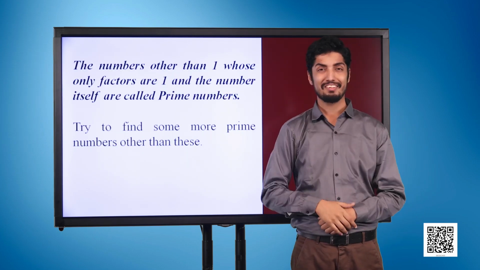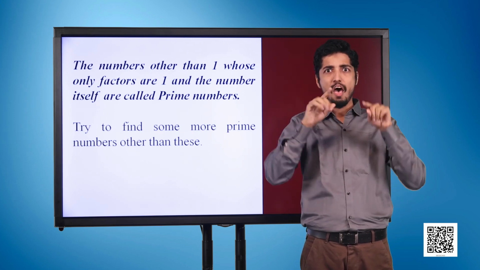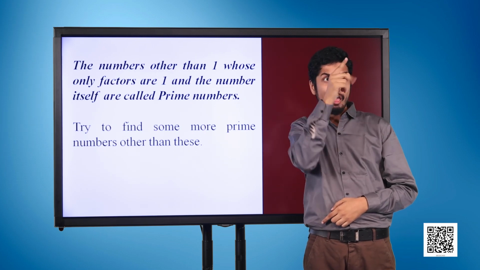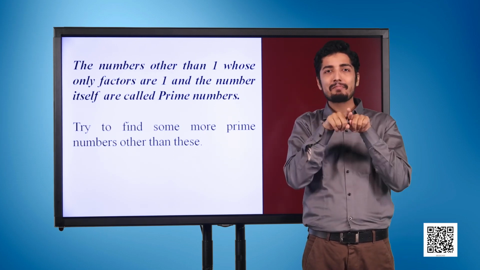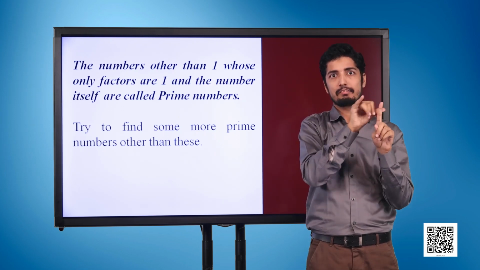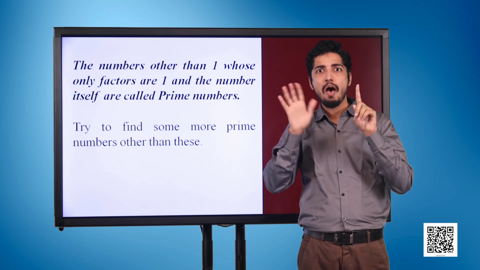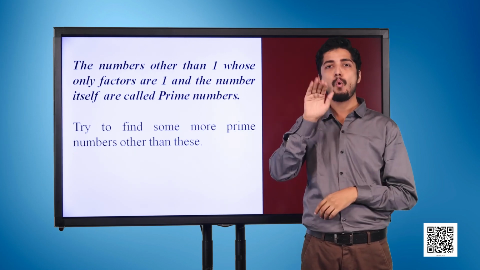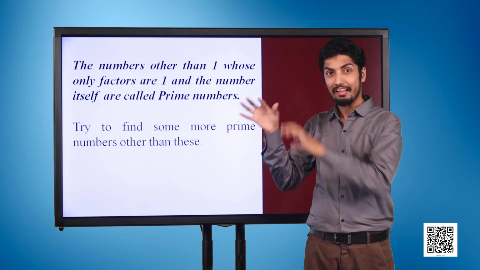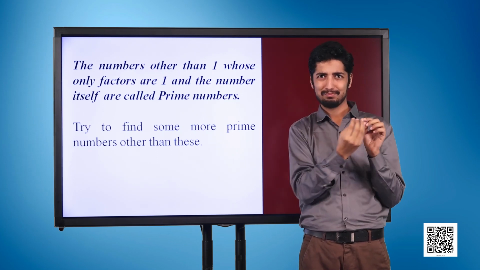The numbers other than 1, whose only factors are 1 and the number itself, are called prime numbers. Try to find some more prime numbers other than these.